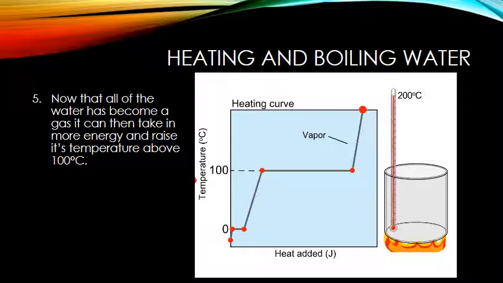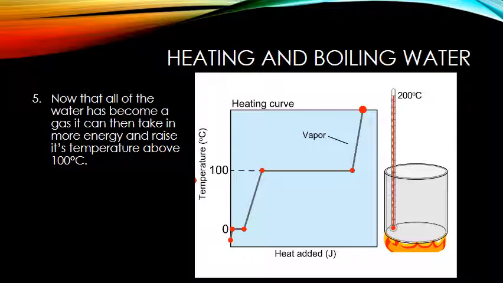So we have two different types of sections in this graph. We have sections where temperature is increasing and where temperature is staying constant, the horizontal sections. So we have heat being constantly added to our liquid, but during the flat sections where we have the phase change, the temperature stays constant.